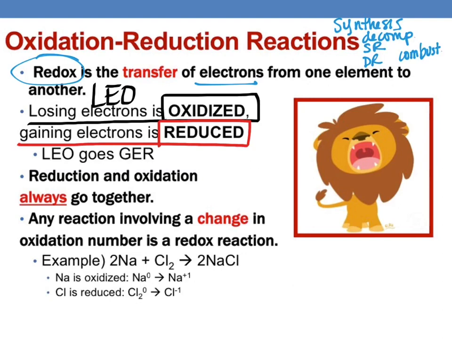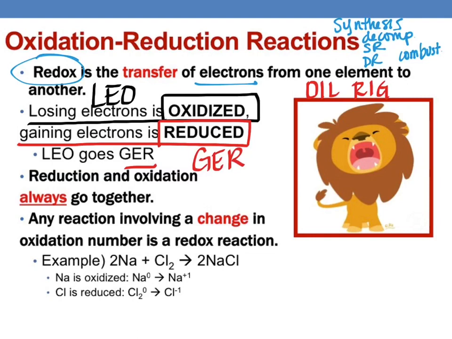So we call that GER, gaining electrons reduced. But if we're in Texas and you don't like lions, then you can go with oil rig, where oxidation is losing, reduction is gaining. I don't care which one you use. You cannot have one without the other. You have to have both of them.